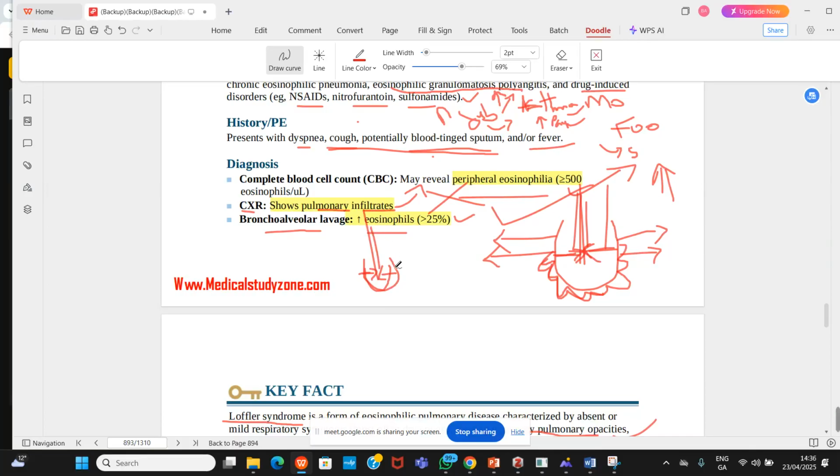Now, what is compliance? Compliance is not elastic recoil. Compliance is the ability of something to extend when air comes in. Let me create a hypothetical situation. If something has a very high elastic recoil and we put air into it, is it going to distend or is it going to move inwards?